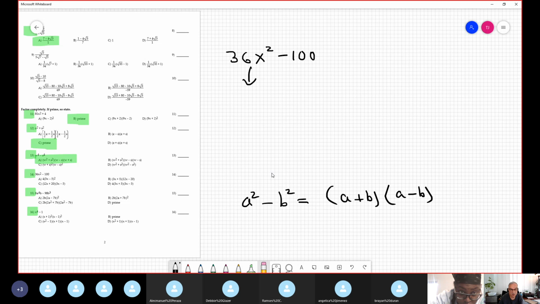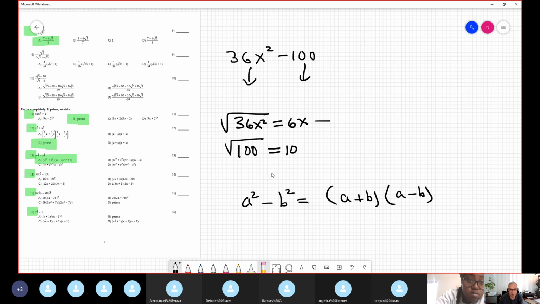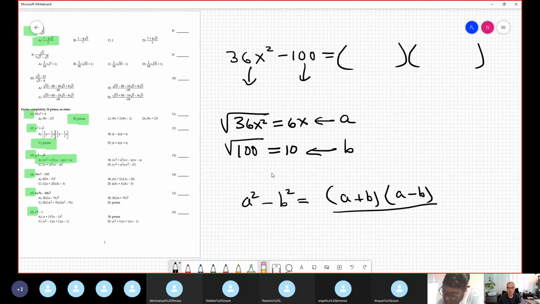You find the square root of this: the square root of 36x squared is 6x. And you find the square root of 100, which is 10. These work in my formula as A and B. You open two parentheses: 6x, 10, plus or minus.